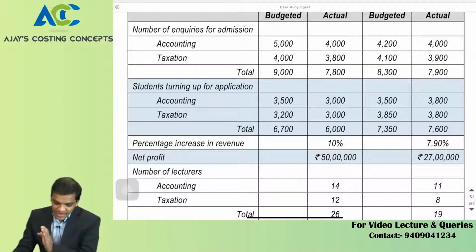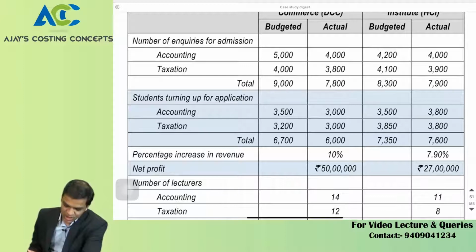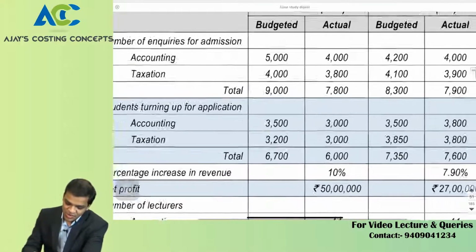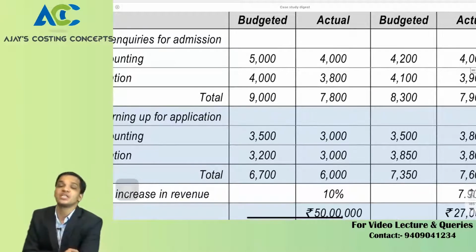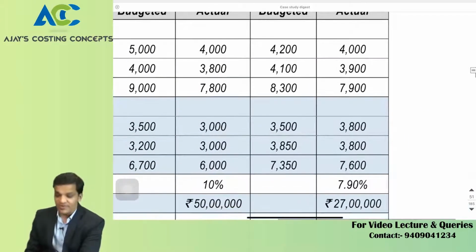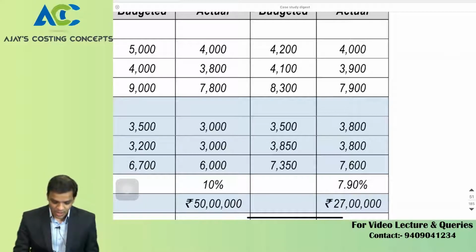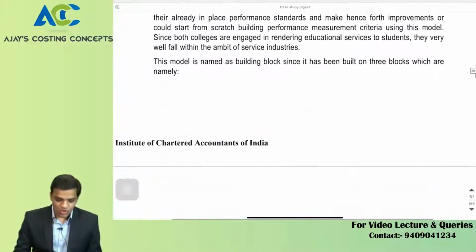Out of 9,000 total inquiries, 7,800 students turned up with applications. Out of 7,800, 6,000 were achieved for DCC, but for HCI, out of 7,900, 7,600 were achieved.